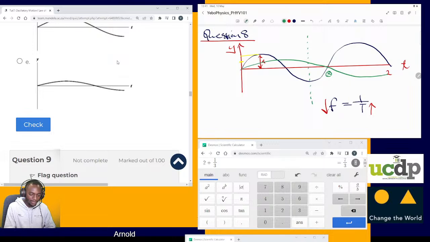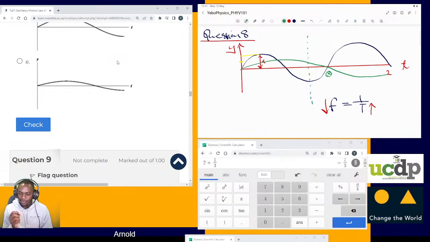It was one complete oscillation. So if we then increase the period, increase the time taken, then at this time where we had a full oscillation, we'll now be having half an oscillation because the period has increased. The frequency has reduced.